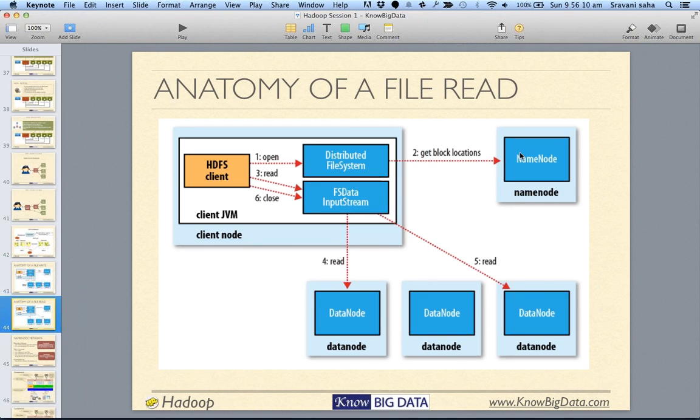The HDFS client comes to the name node and says, hey, can you tell me where the block locations for this particular file are? This particular file exists in this folder. Can you tell me the location of this?